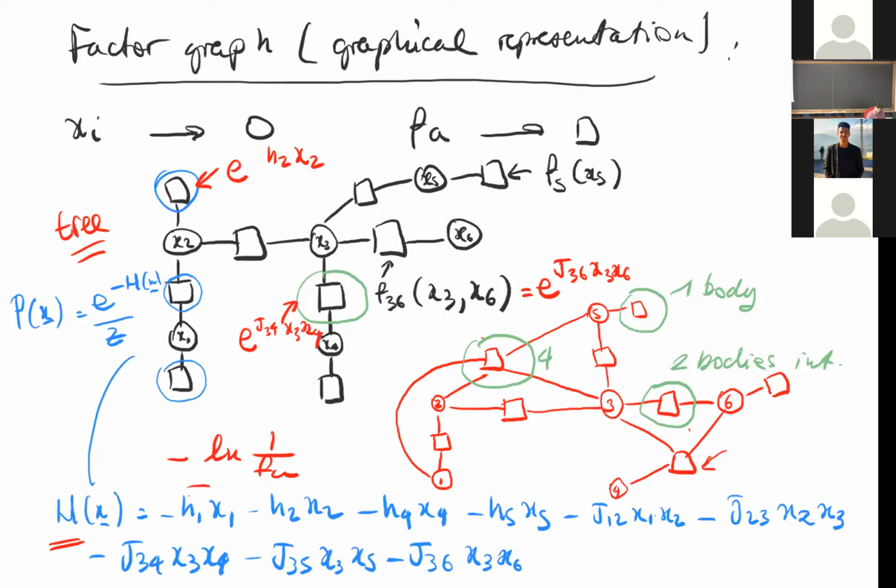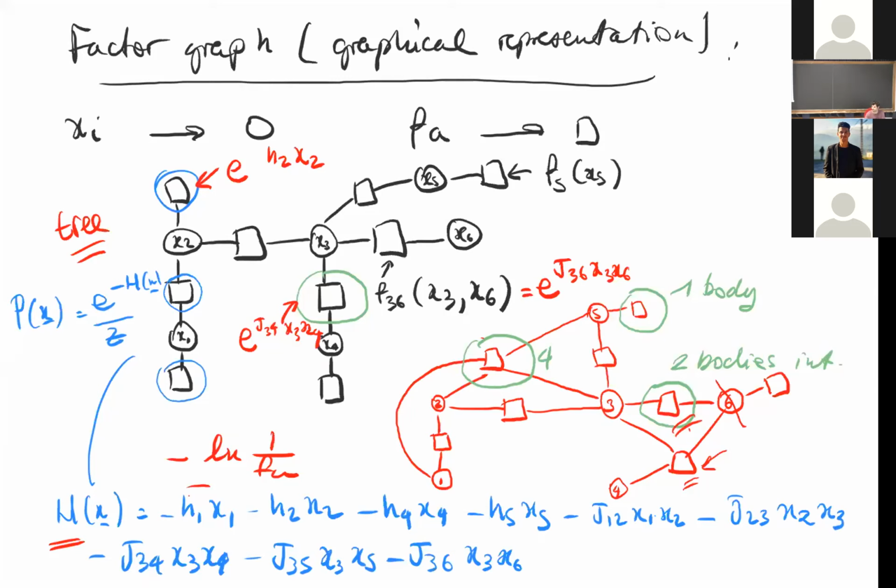So you mean if I erase 6, then 3 and 4 will not be connected? No, I cannot just erase 6 like this and keep these factors, because these functions depend on 3 variables. So I need to redefine this function if I erase the node.